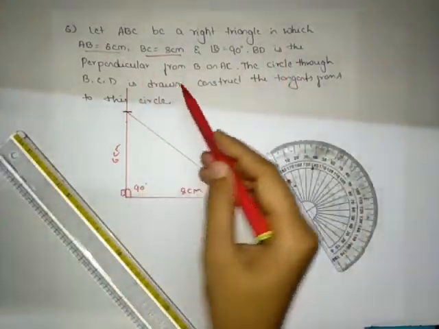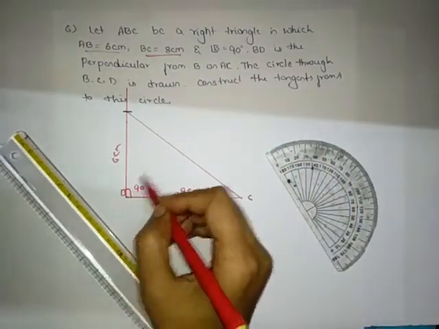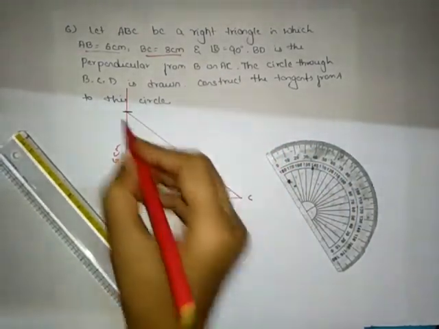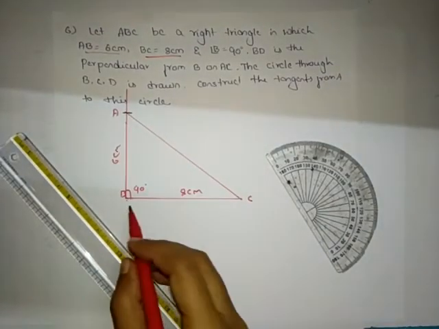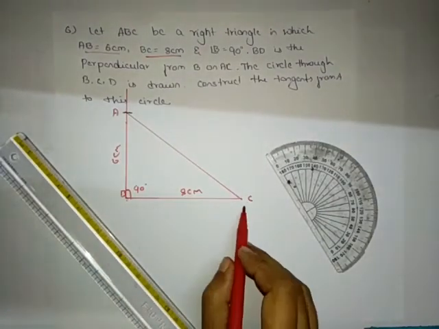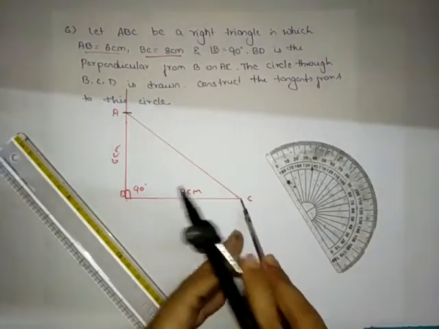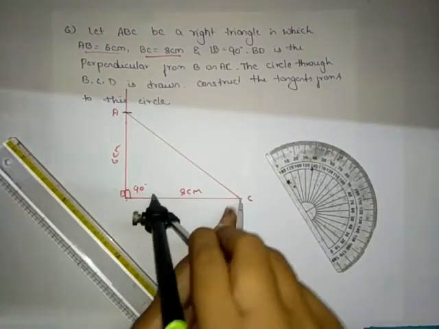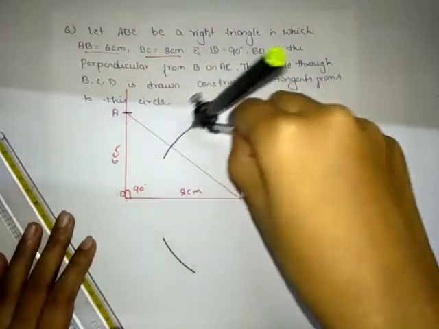BD is the perpendicular from B on AC. We need to draw a line which is perpendicular from the point B to AC. This is A. For that, let us find the midpoint of the line segment BC first here. We'll adjust it for more than half, and we'll take an arc here, right?